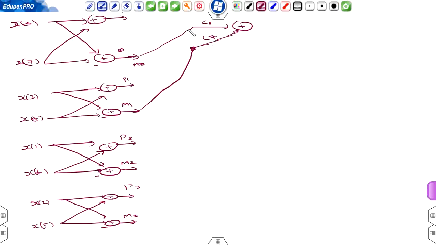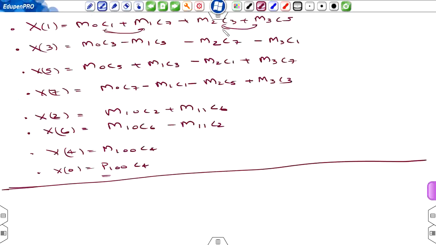So this is a node M1. From this point onward, this will be multiplied with C7. Okay, and similarly we will add M2 C3 and M3 C5.